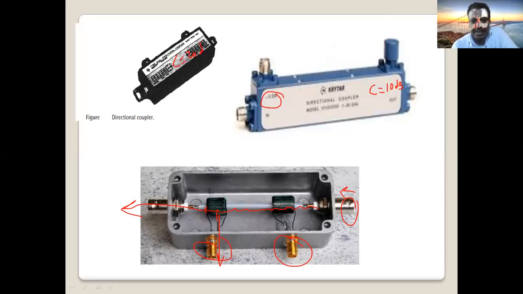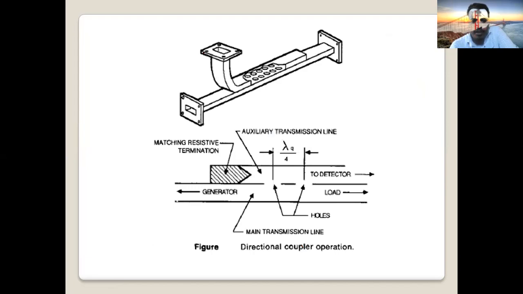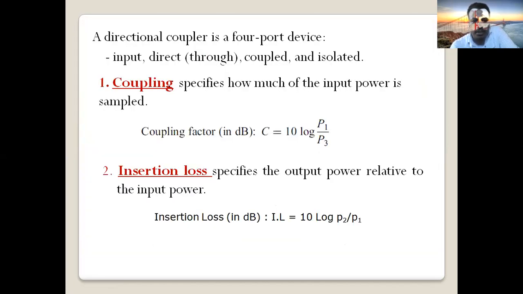So C, coupling, what does it mean? The first specification of a coupler is coupling C. That's the first specification we have to know. Coupling specifies how much input power is sampled. Why do we need a directional coupler?